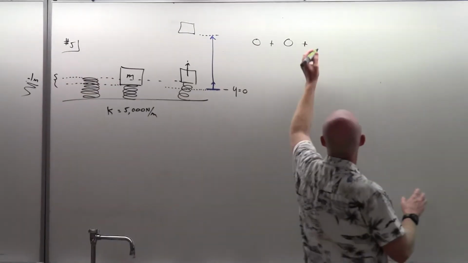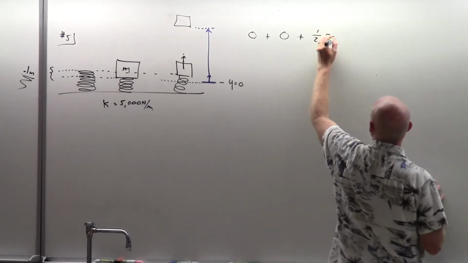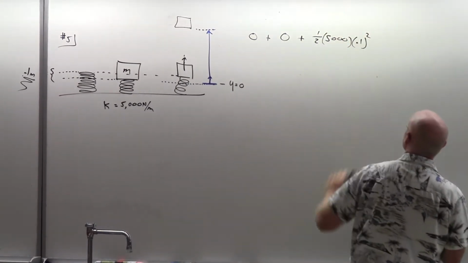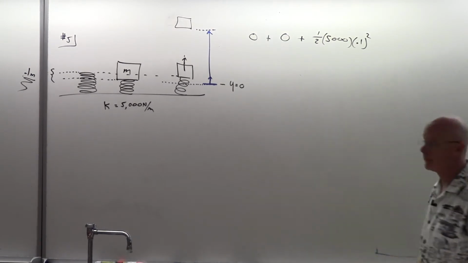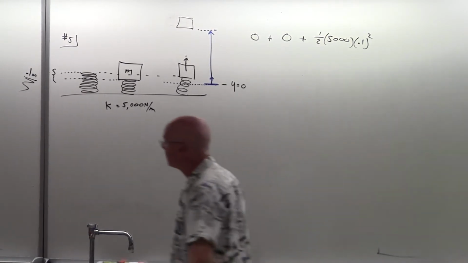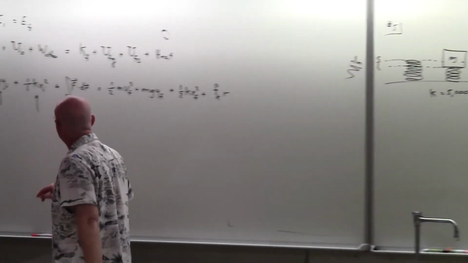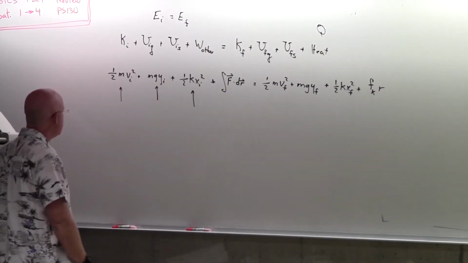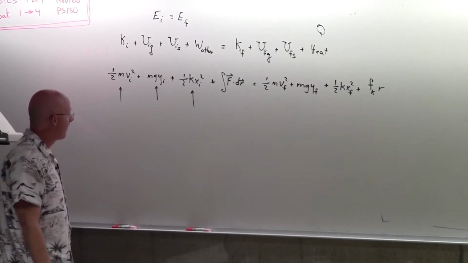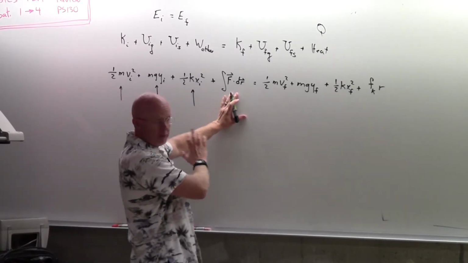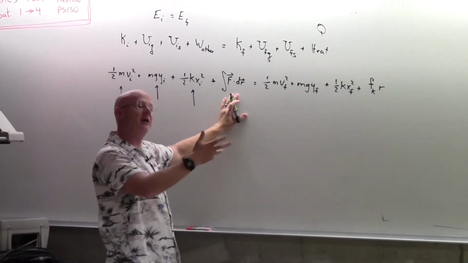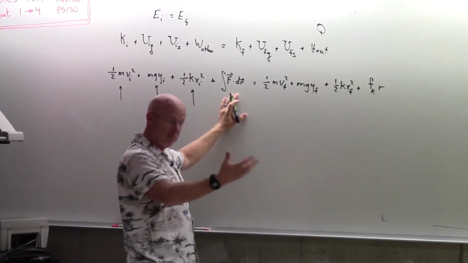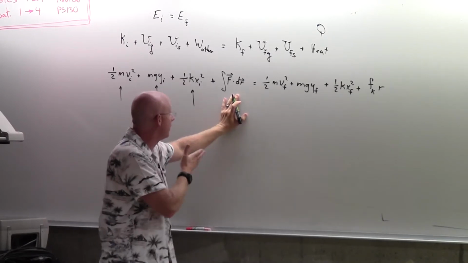So I can put in 1/2 times 5,000 times 0.1 squared, and that is the initial energy. Of course, there's nothing outside of the gravity or spring or heat or motion. Those are the ones that are already covered here.